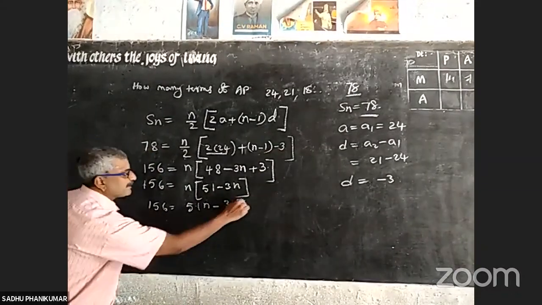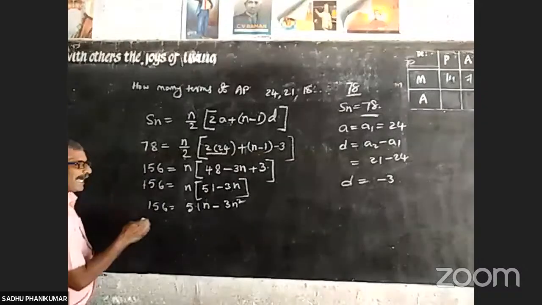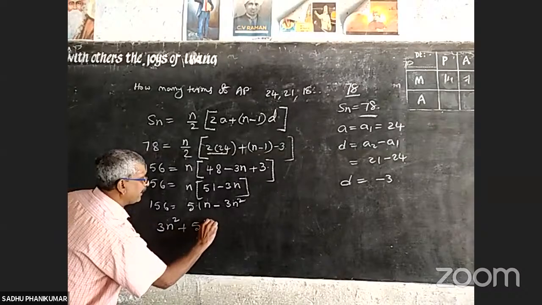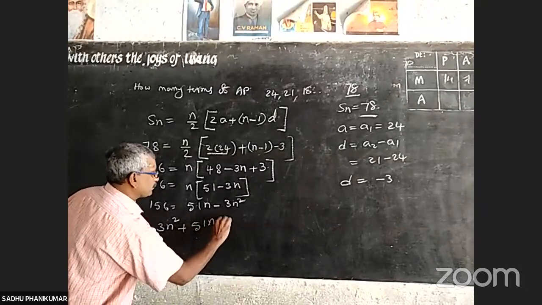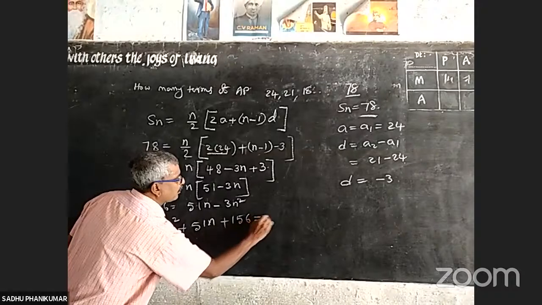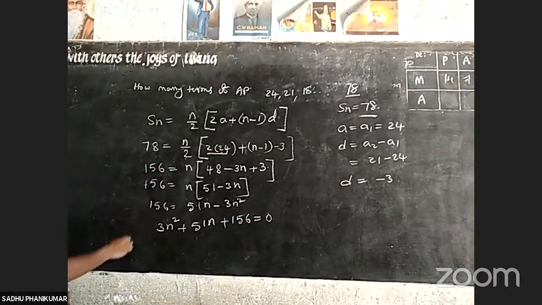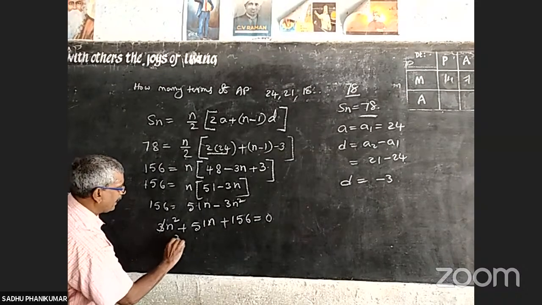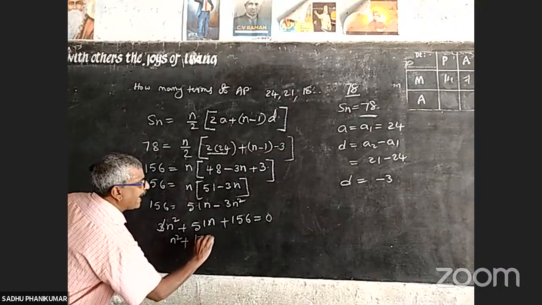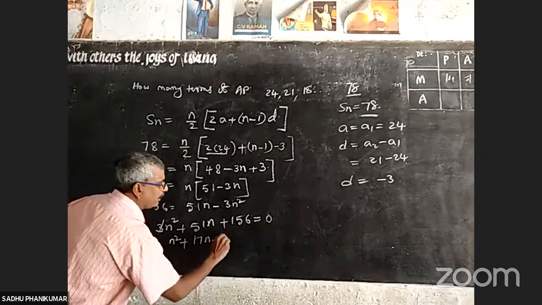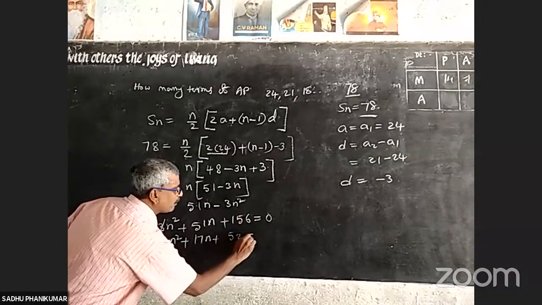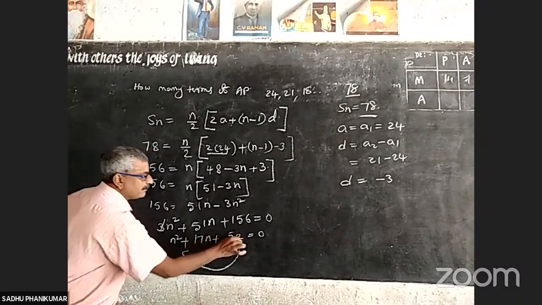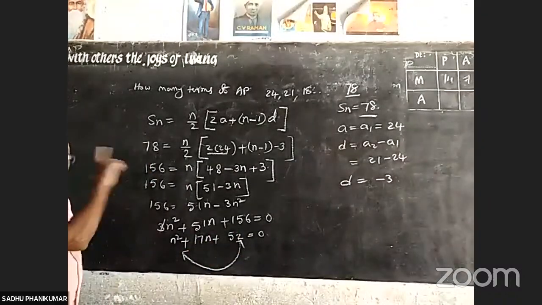Get this to this side: 3n squared minus 51n plus 156 is equal to 0. Okay, I can cancel by 3. So that is what will happen: n squared minus 17n plus 52 is equal to 0. Okay, so by factorization, you will get the value of n.